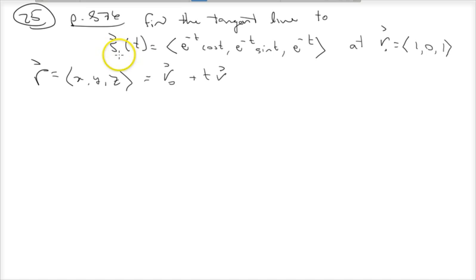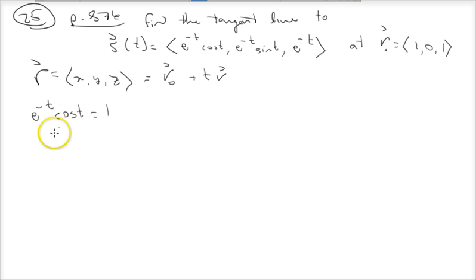So first, we need to find out what t will be when the function is equal to r sub 0. We need to figure out what the x component is going to be when t equals. So we set the x component equal to 1, the x component of r sub 0, and figure out what t will be.